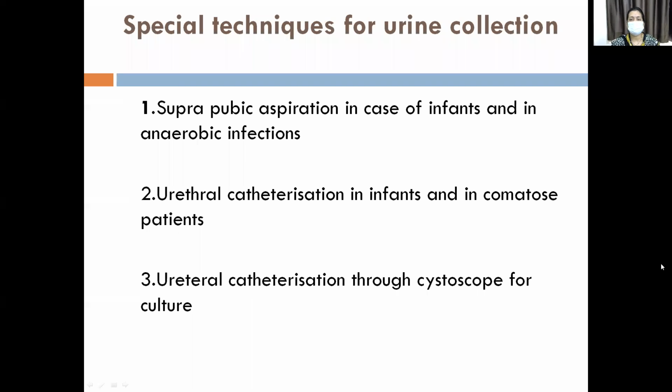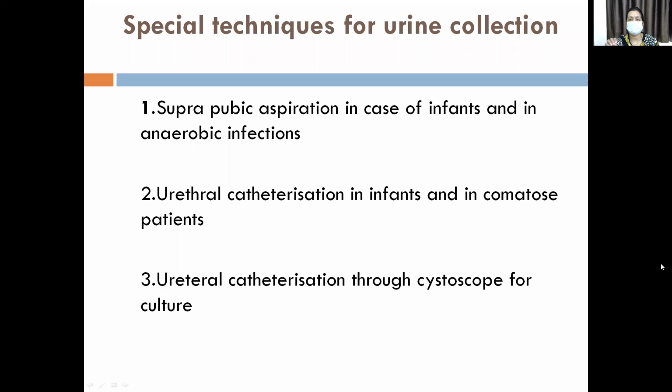So what are the special techniques for urine collection? Suprapubic aspiration in the case of infants and anaerobic infections, urethral catheterization in infants and comatose patients, and ureteral catheterization through a cystoscope for culture. I was asked this question in my PG Viva examination.